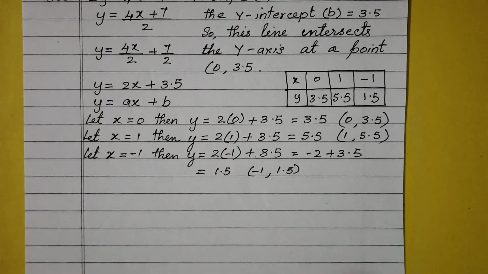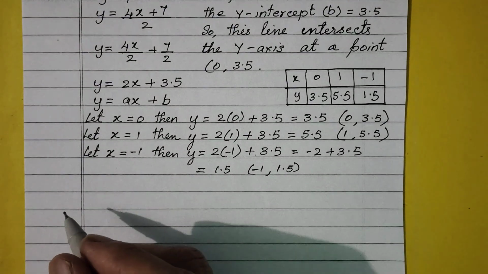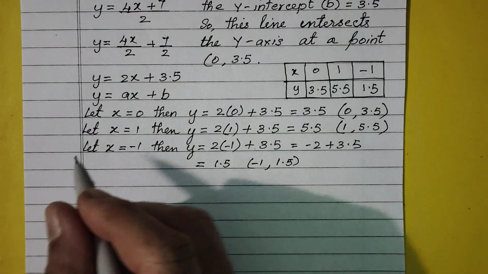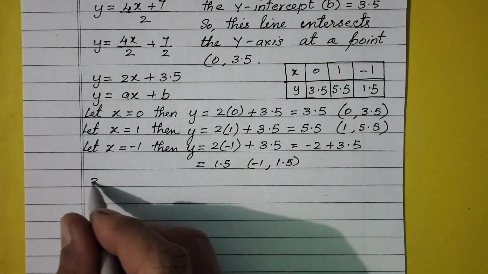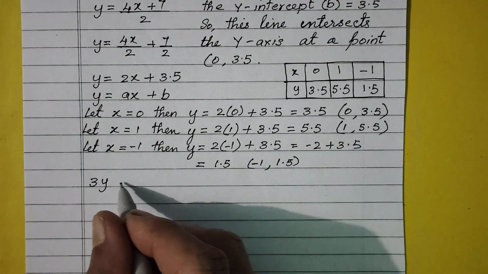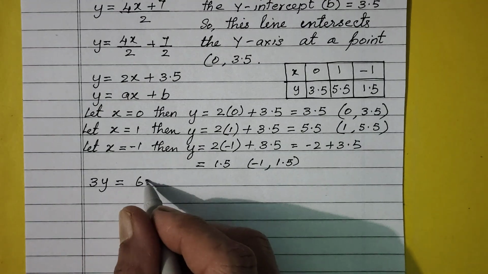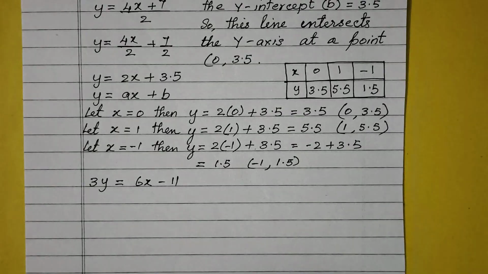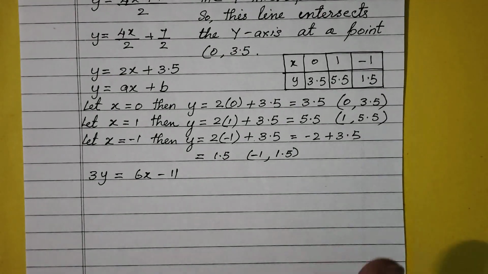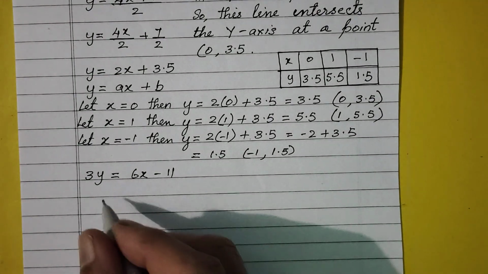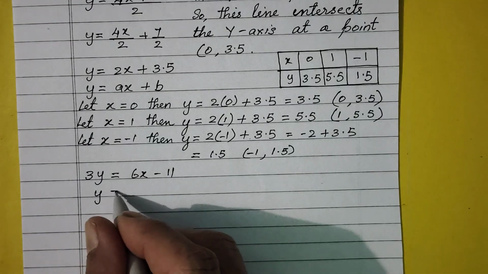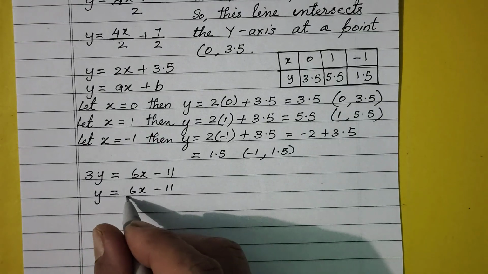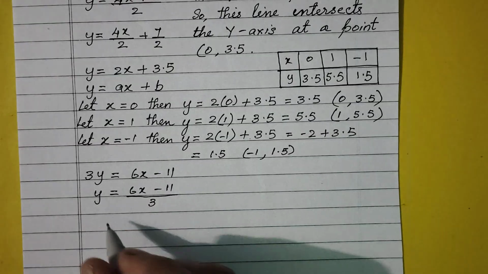I will go to the second equation, that is 3y equal to 6x minus 11. So y will be equal to 6x minus 11, the whole divided by 3.